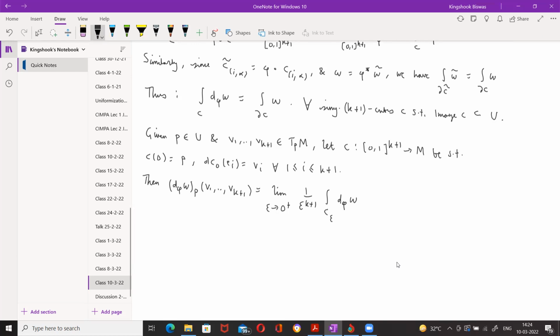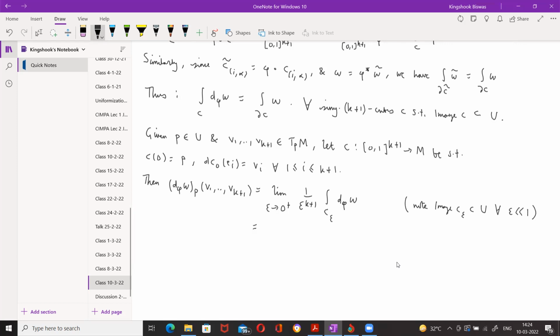So note the image of C_epsilon is contained in U for all epsilon small enough.